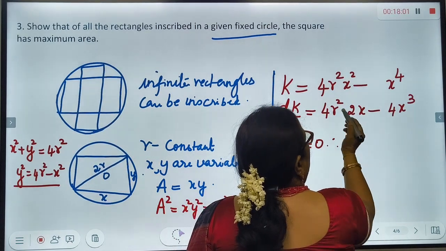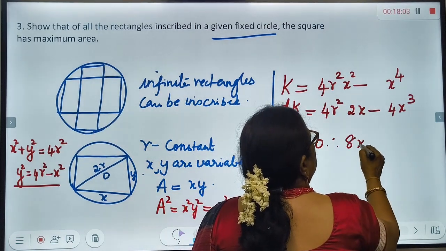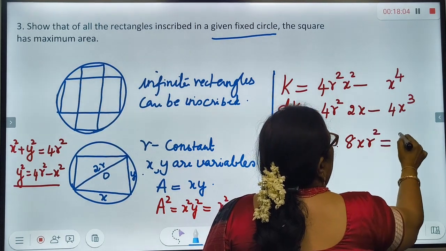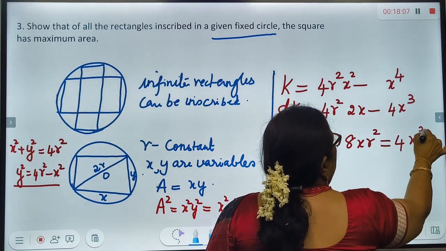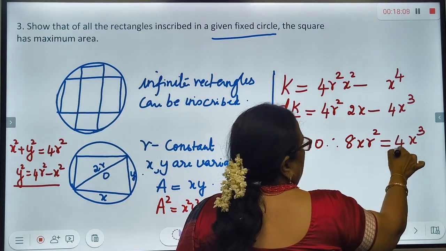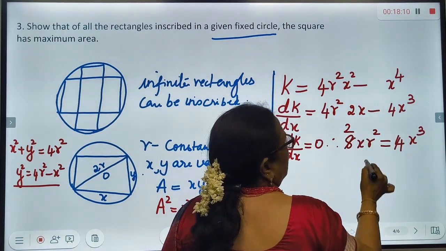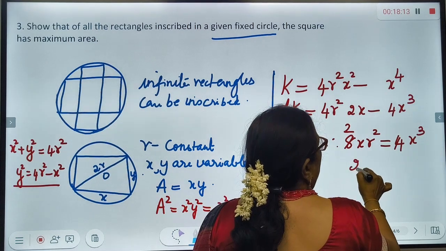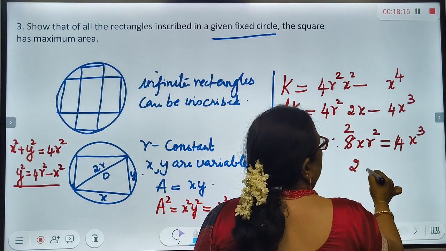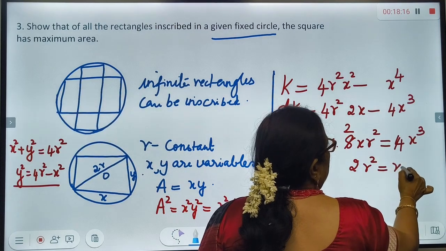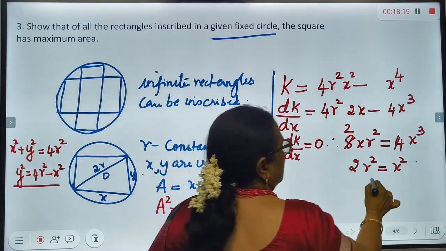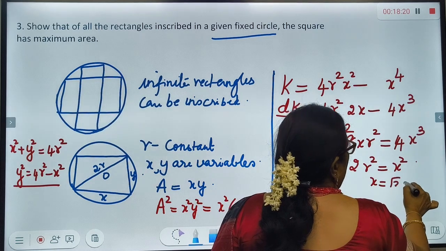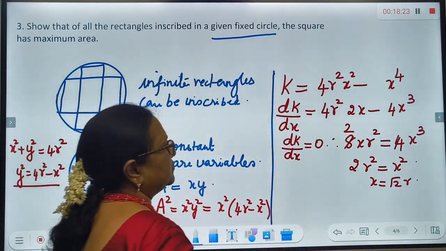Therefore, 8x r square equal to 4x cube. 4 goes 2 times, so one x gets cancelled. 2r square equal to x square. So x is root 2r.